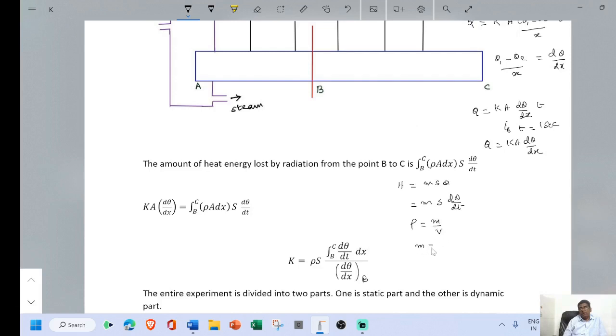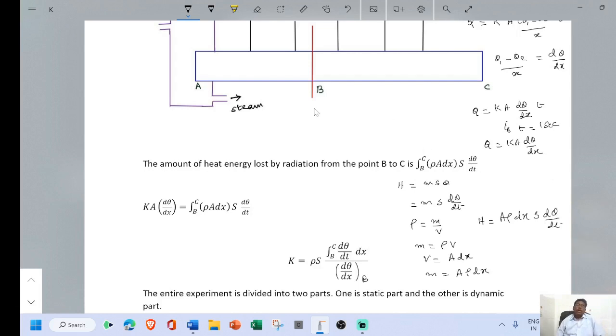Then mass equals ρ into V. But V equals area of cross section into dx. Therefore, m equals Aρ dx. Then H equals Aρ dx S dθ/dt. In this way, we have arrived at this relation.